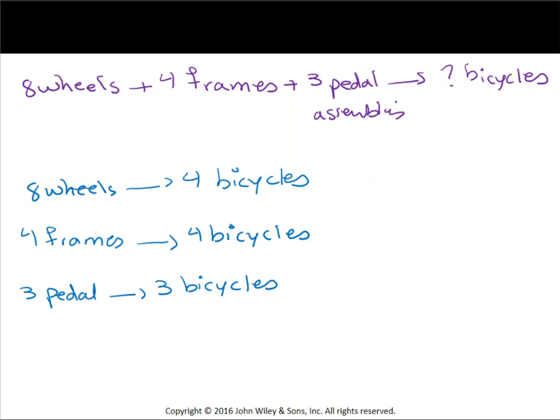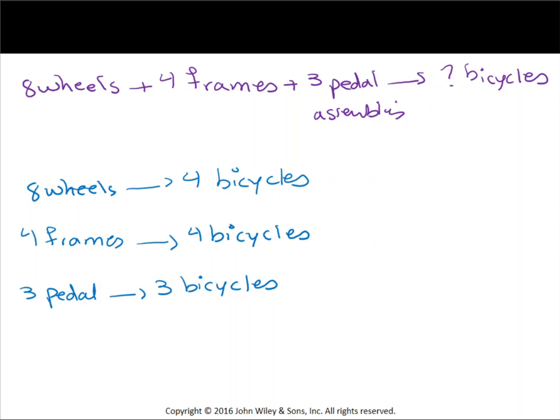So what I did was that, based on the number of parts that I was given, I found out the maximum number of bicycles that I could make. Now, when I look at the number of bicycles that I can make with each one of those parts, as you can see, they don't all give me the same number of bicycles. With wheels and frames, you can make 4 bicycles, whereas with 3 pedals, you can only make 3 bicycles.